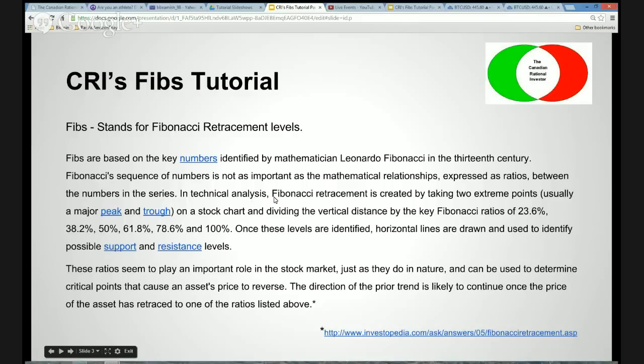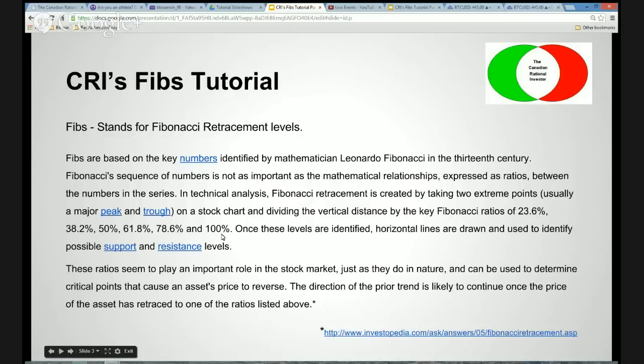In technical analysis, Fibonacci retracement is created by taking two extreme points, usually a major peak or trough, on a stock chart and dividing the vertical distance by the key Fibonacci ratios: 23.6, 38.2, 50%, and you often see 50% included, but ironically enough, 50% is not a fib level, but for the purposes of this seminar, we'll include it. The 61.8, 78.6, and 100% levels.